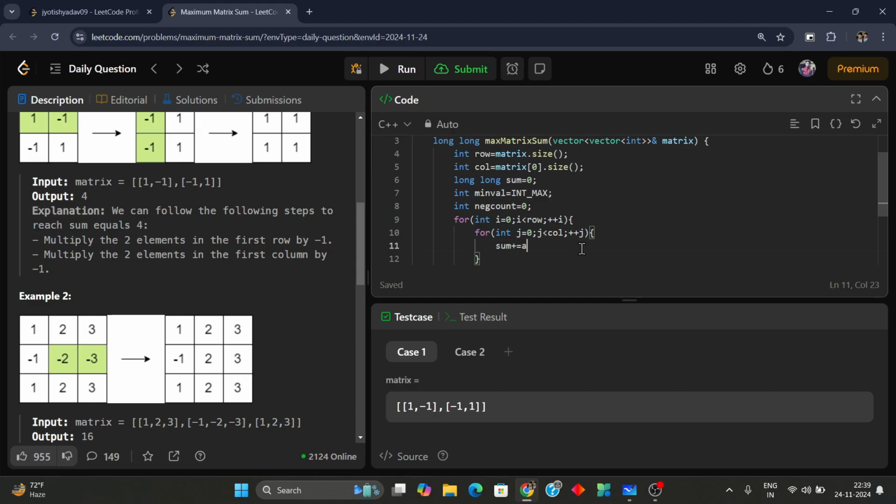And then I will do the sum of absolute values. What is abs? Abs is absolute value, meaning we neglect the negative sign and just make the sum. And we will find the minimum value by using the min operation.